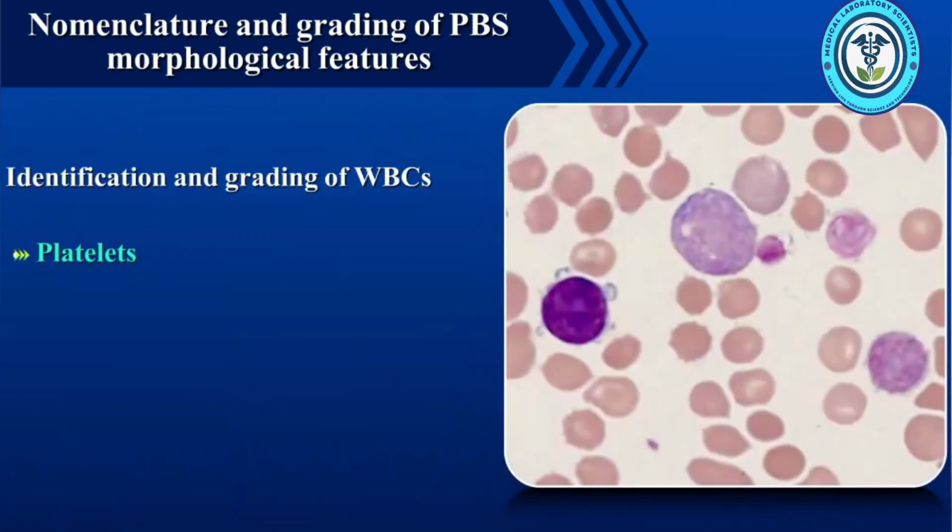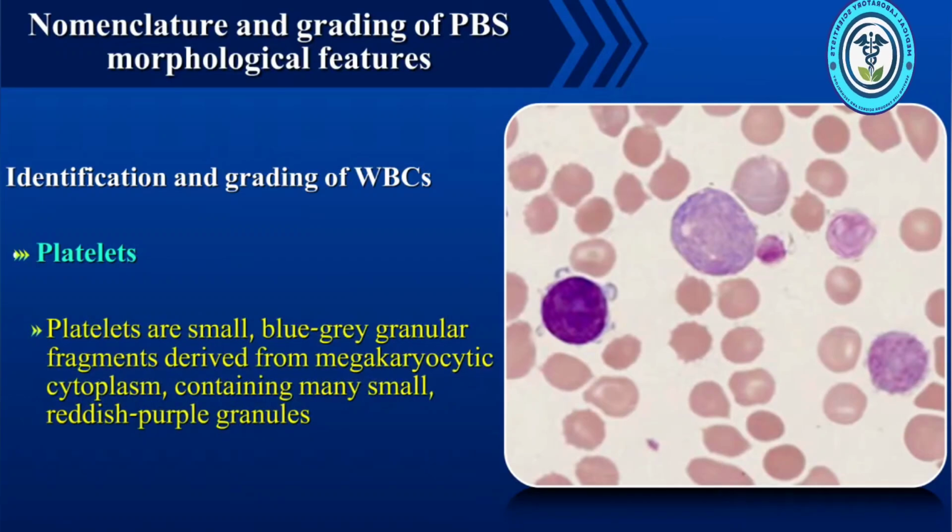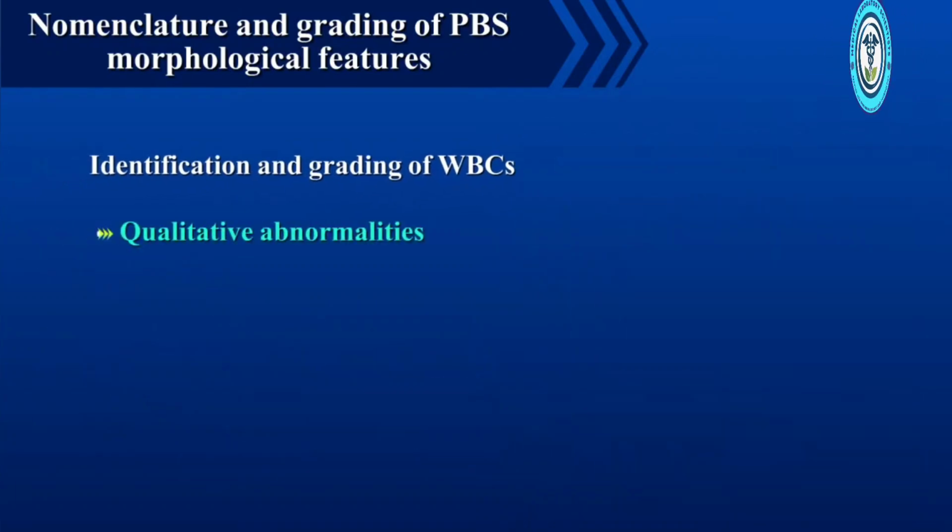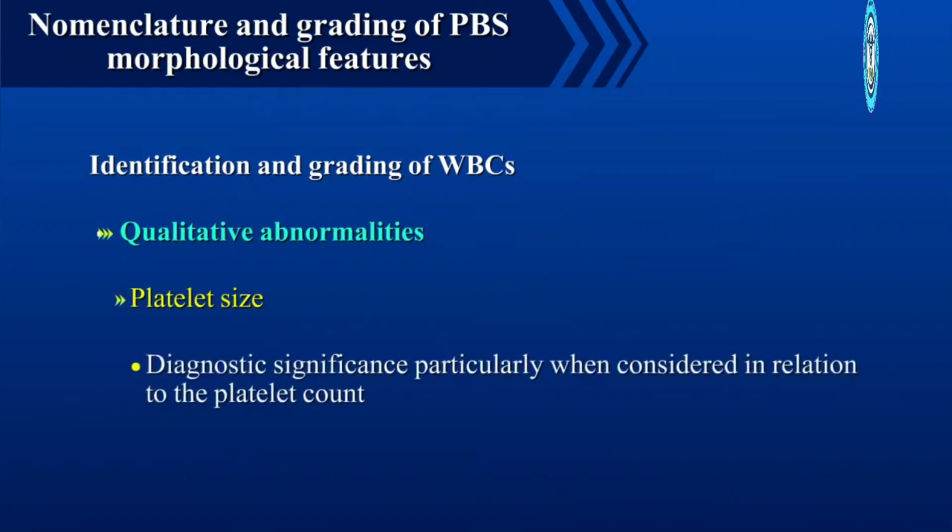Now, coming to platelets. Platelets are small, blue to grey granular fragments derived from megakaryocytic cytoplasm containing many small reddish to purple granules. Coming to qualitative abnormalities of platelet size. Size of the platelet is of diagnostic significance, particularly when considered in relation to platelet count.